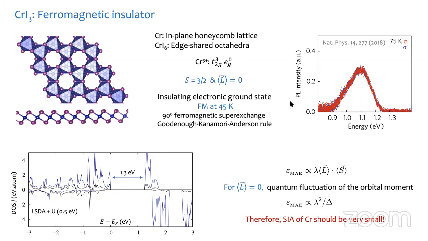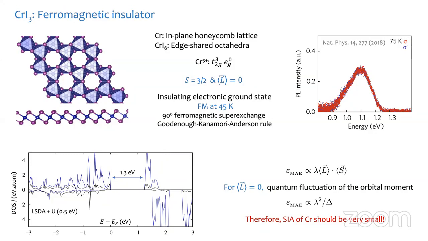So this electronic structure gives rise to a spin of 3/2, but at the same time, your orbital moment due to this half-filled t2g is completely quenched. And this chromium-chromium interaction is ferromagnetic. Now you know that this ferromagnetic superexchange is rather weak, so you get a Tc which is around 45 Kelvin.